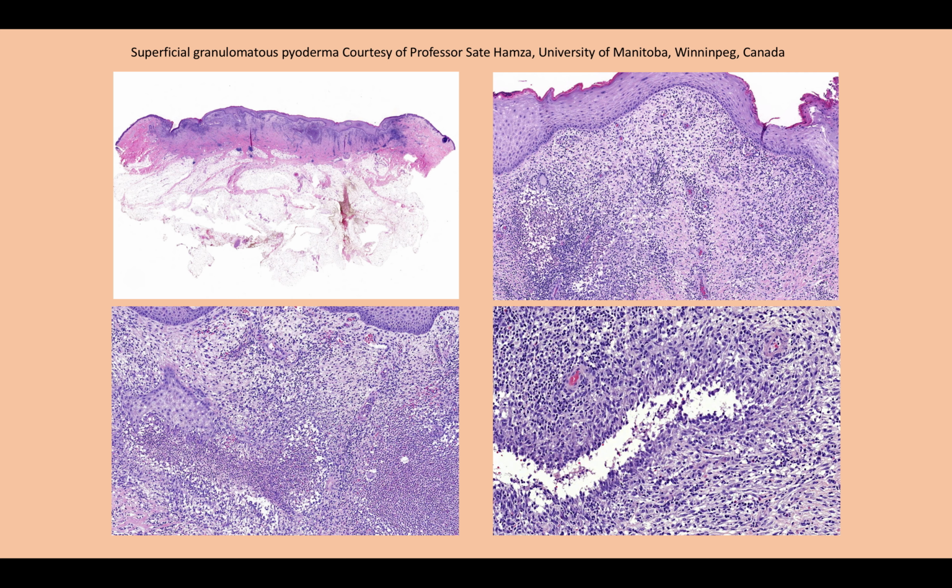systemic diseases. If you get a really nice example, you'll often see a zonation pattern where there's pus in the center, and this is surrounded by a rim of granulomatous inflammation. And then outside that again, you'll see plasma cells and eosinophils, but it doesn't always show that classical appearance.